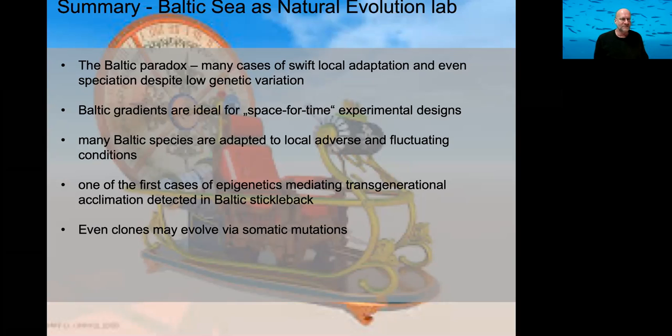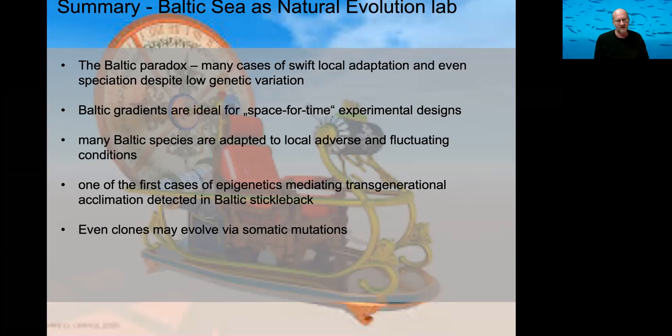The Baltic, in many respects, is ideal for a space for time experimental design to study evolutionary adaptation. I've shown you the first case of epigenetics, really mediating a grading of salinity adaptation that looks as if both interact, the transgenerational epigenetic marks and those that are existing already out in the wild that are not easily changeable through experimentation, and also clones that we're often witnessing in the Baltic in terms of macrophytes, Fucus or seagrass.